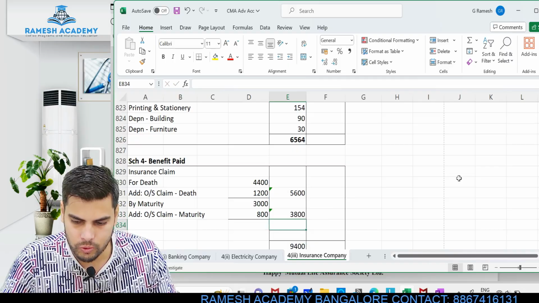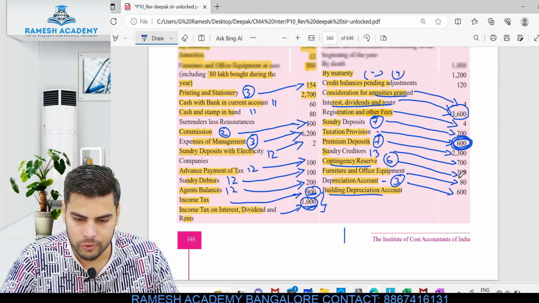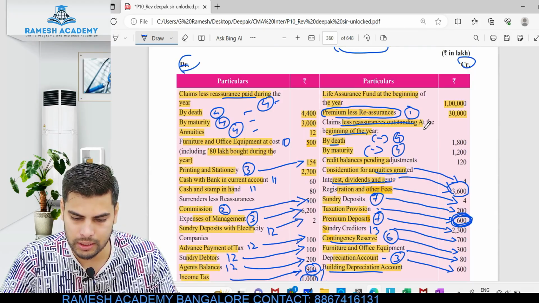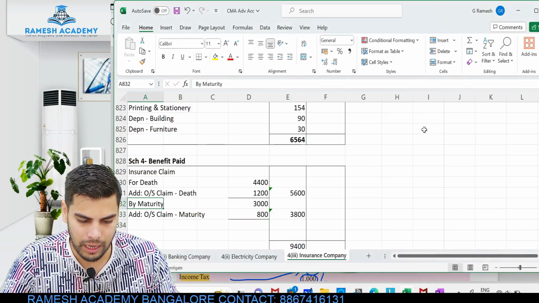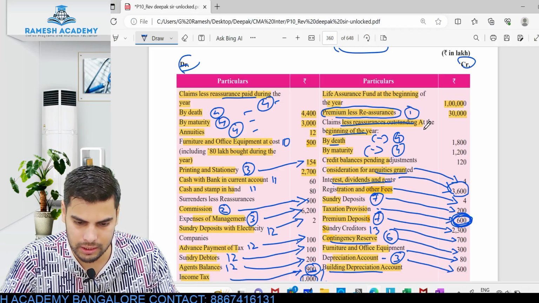Anything else which we are supposed to pay with respect to benefits? Now here, on the credit side, we also had some balance, right? Claims less reassurance. From this amount I'll be deducting the reassurance. If you want, you can deduct it over here itself.